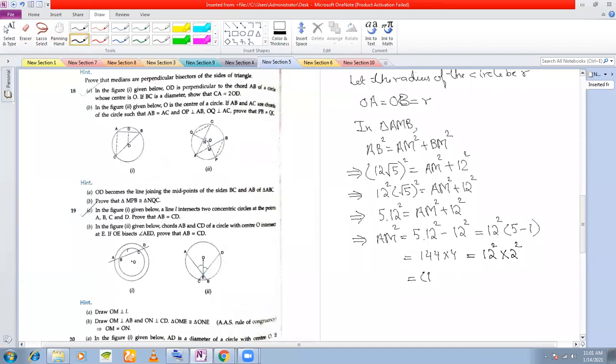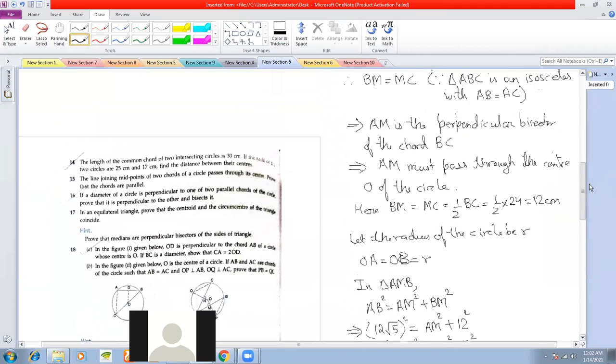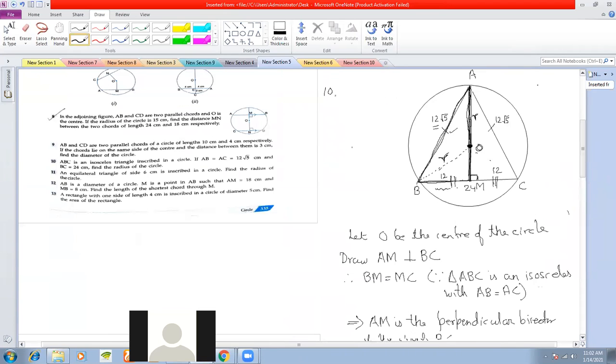So this becomes 12 into 2 whole square. Therefore, what is AM? AM is square root of 12 into 2 square, which is 12 into 2, which is 24 centimeters. So with the help of Pythagoras theorem, we have managed to find out the length of this altitude here, AM.